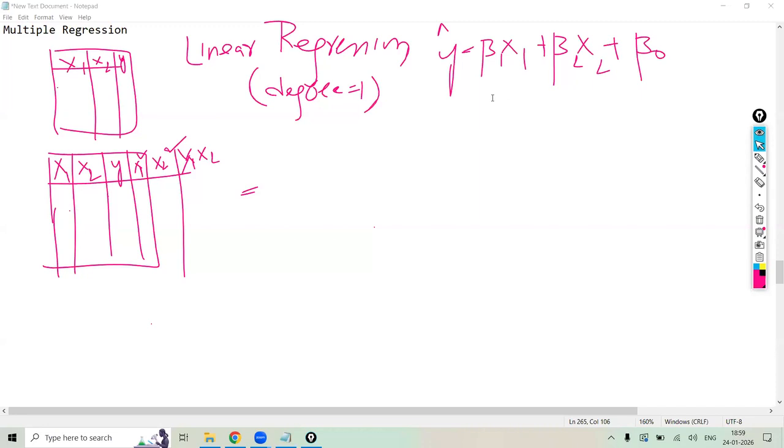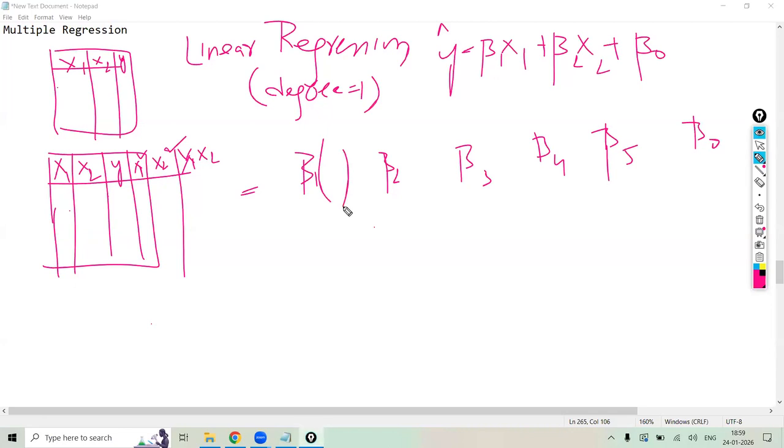So 5 input variables means how many slopes will be there? 5. How many intercepts? 1. 5 slopes with 1 intercept. So the slopes are beta 1, beta 2, beta 3, beta 4, beta 5, and 1 beta naught.